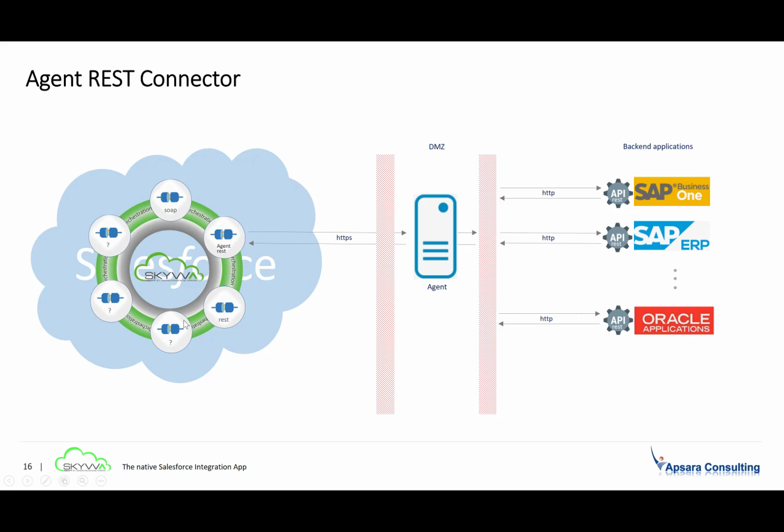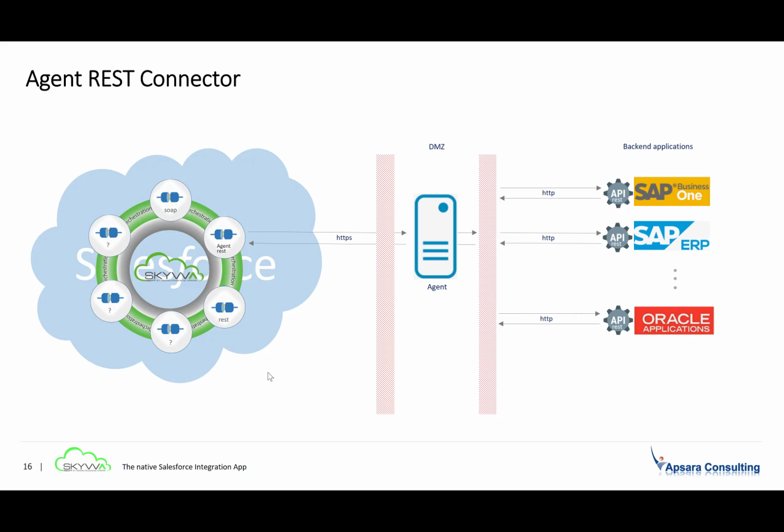But the SOAP and the REST adapter that you are using on Salesforce is to call a SOAP or REST API that is accessible through the internet, that you can access from the Salesforce cloud to another cloud.